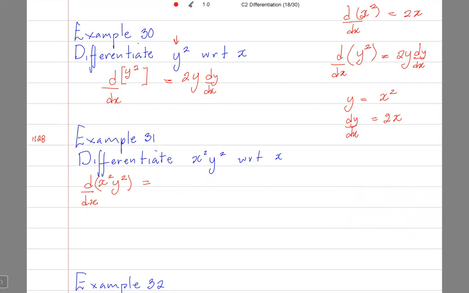When you apply product rule, you leave the first, which is x squared, differentiate the second, which is 2y dy by dx, plus differentiate the first, 2x, leave the second, y squared. So our final answer would be 2x squared y dy by dx plus 2x y squared.